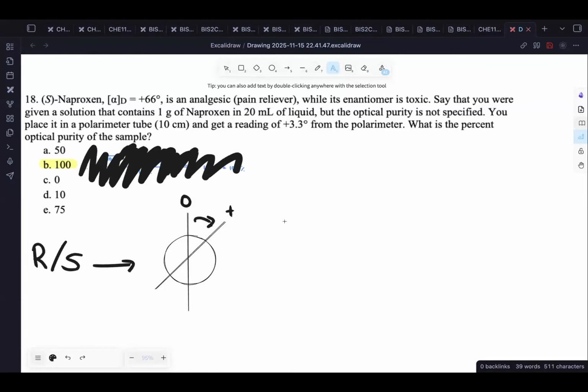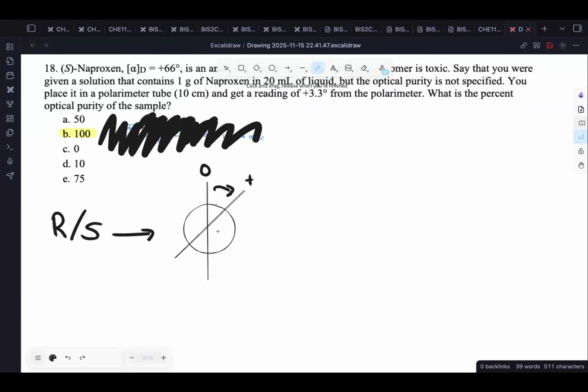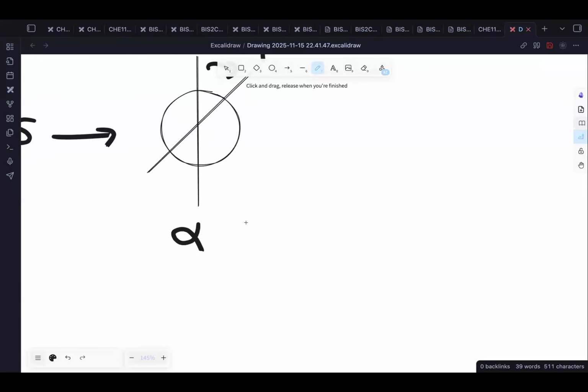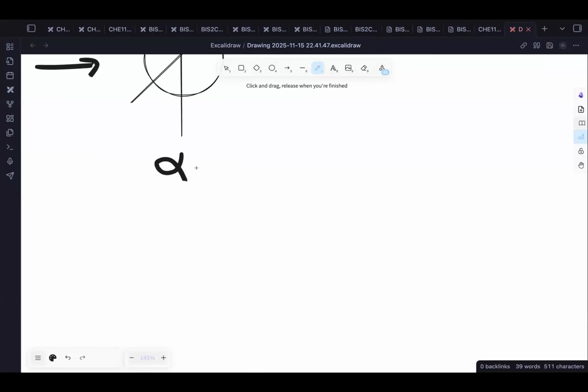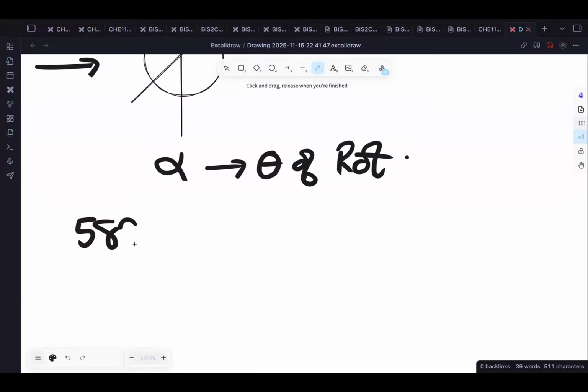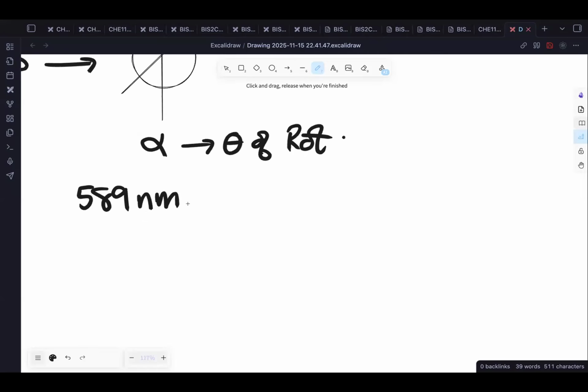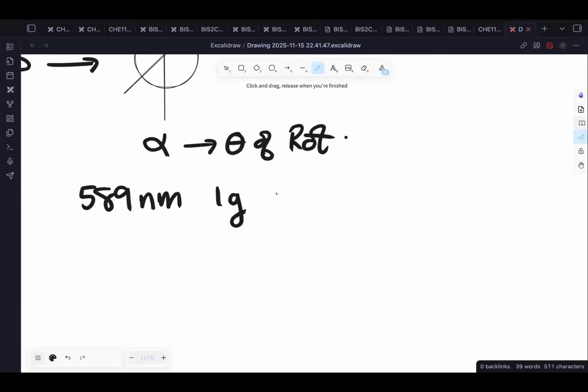So let's talk about specific rotation. This rotation value is called alpha, and alpha is going to be the number of degrees it rotates. This alpha value is taken at 589 nanometers, and it's defined for standard conditions as 1 gram in 1 mL at 1 decimeter.